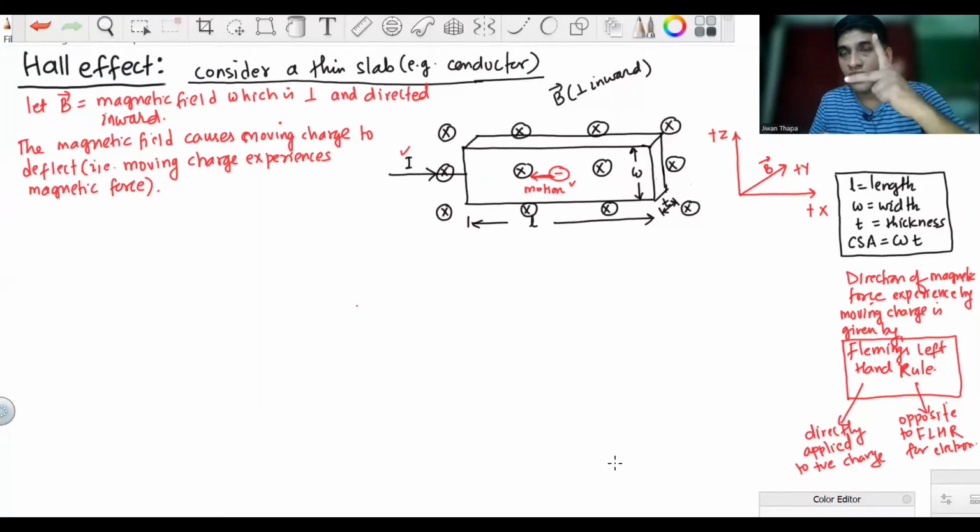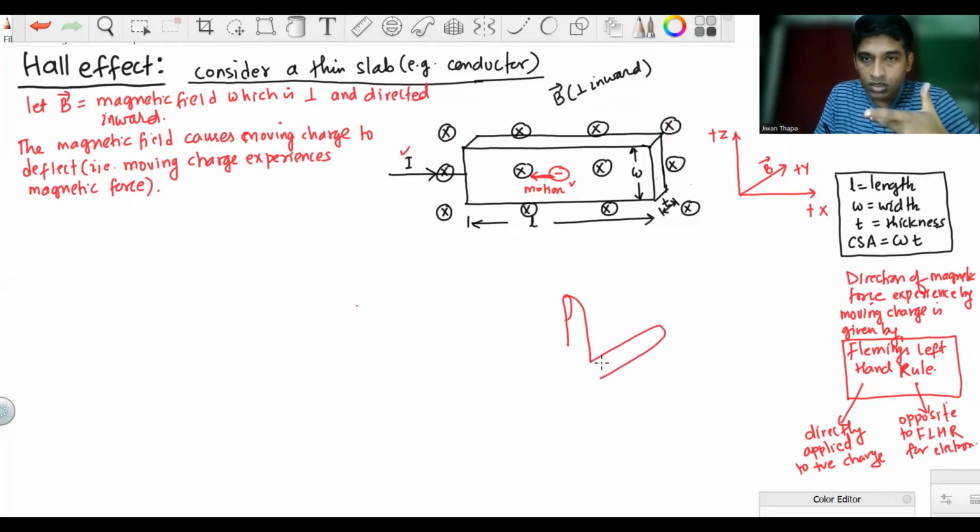So this is my left hand, okay. So this is thumb, okay, and so we have this, okay.